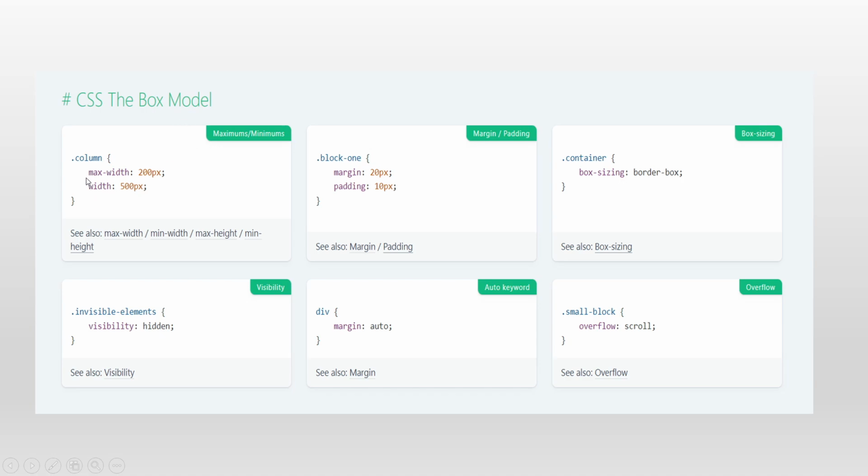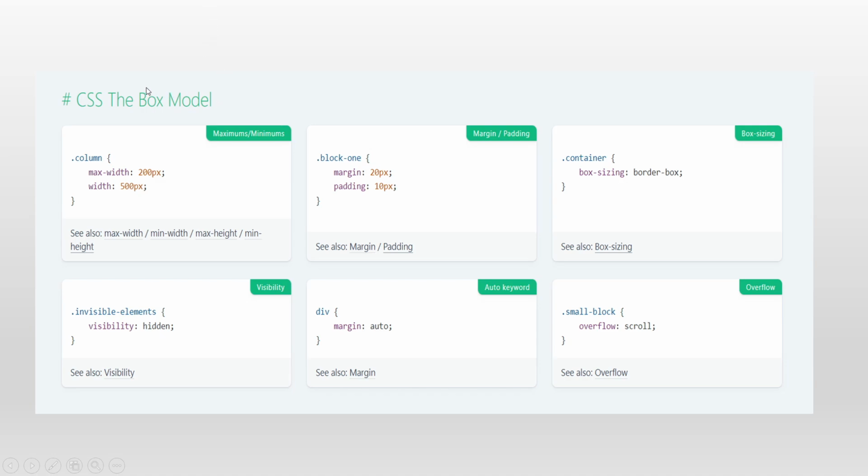The box model has properties like maximum width, minimum width, minimum height, maximum height, and also margin, padding, and box sizing. Visibility we will be leaving. Margin is the space between elements; this is called margin.